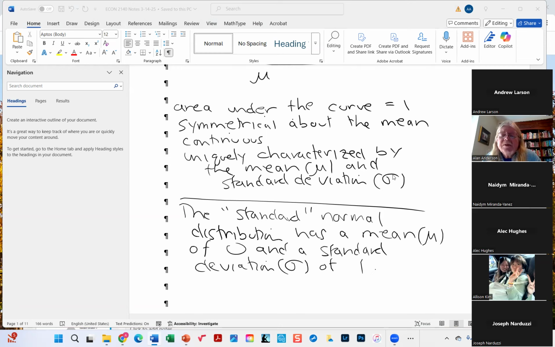And if they did, they would have probably had you use tables to calculate the probabilities. So the tables in the back of any statistical textbook are actually based on the standard normal distribution. For other types of normal distributions, you would have to make a conversion in order to use these tables.